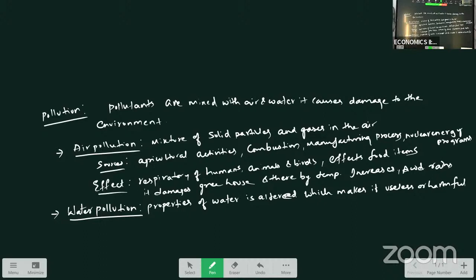Or we can say, water pollution is when excess materials are added into water, which cause harm to the living organisms.